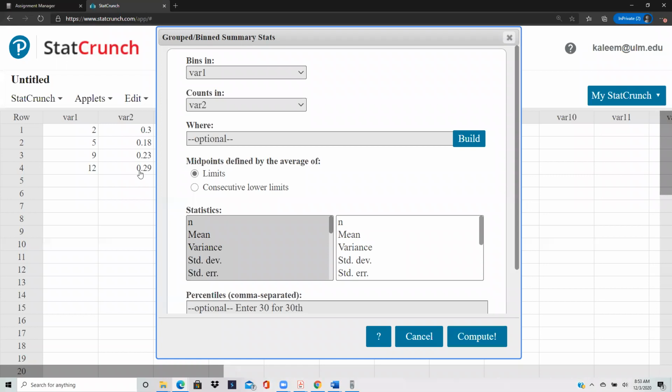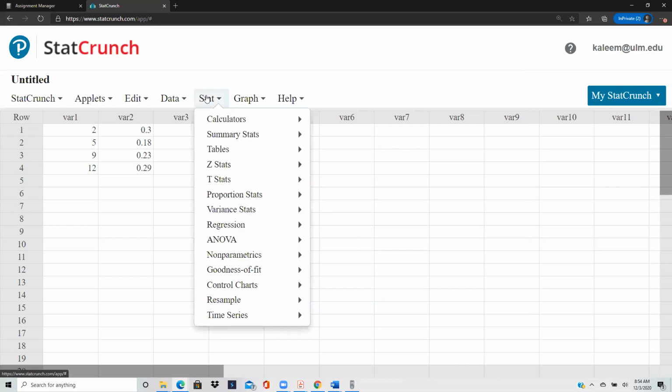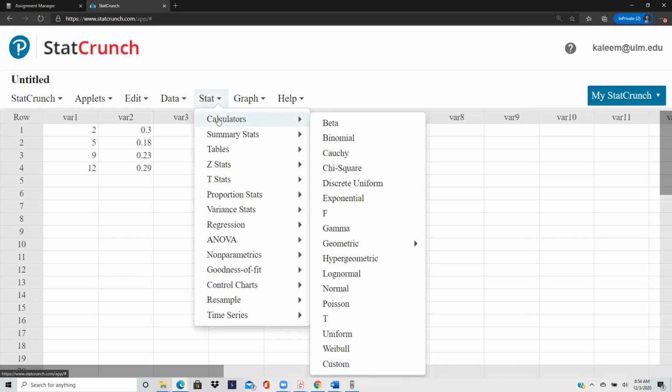So one way to fix it is that you multiply all these entries by a common number so that the decimals go away in all of them. But if you don't want to do that, and you're terrified of changing the numbers by multiplying them by 100, then you can also leave it like this, but then you have to do it in another way. And that is stats calculator. And now do you remember?